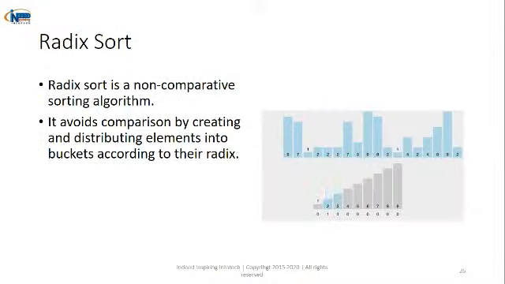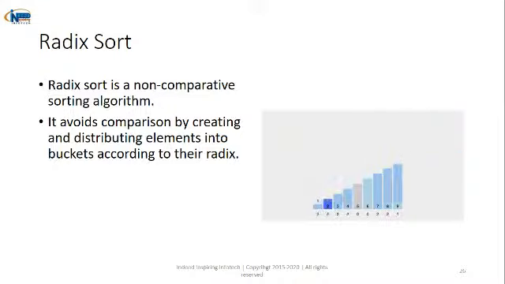One more interesting algorithm is Radix Sort. Compared to the algorithms we have discussed till now, Radix Sort is a bit different. How is this algorithm different?